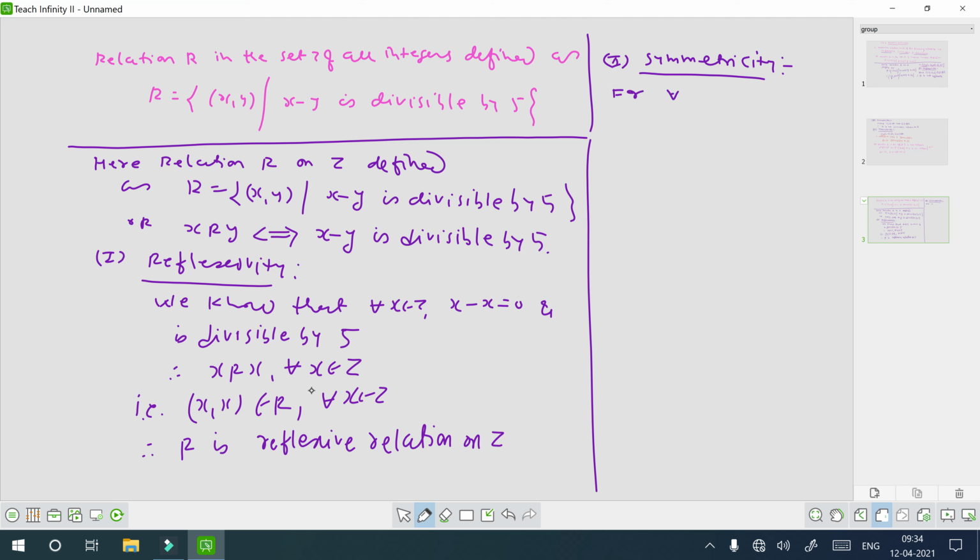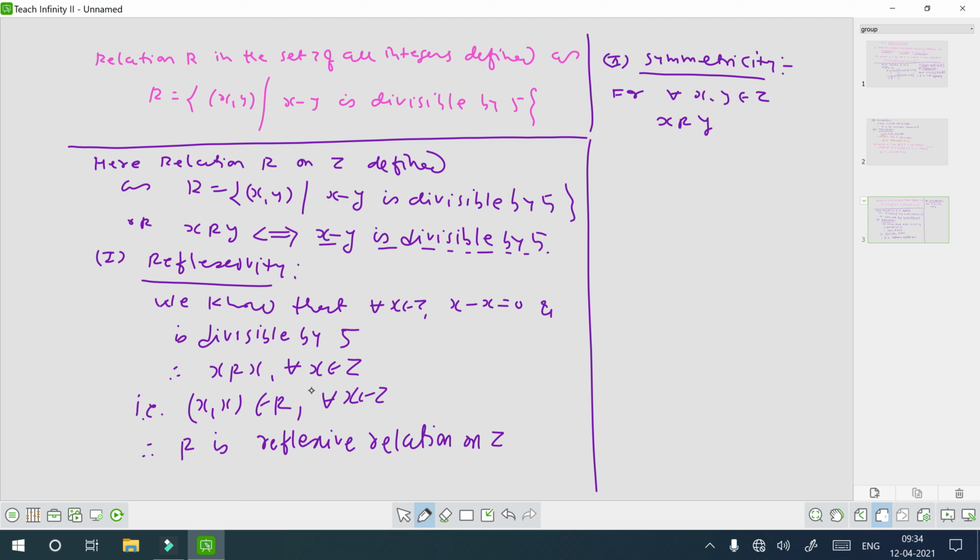For symmetricity, what do we have to take? For all x, y belongs to Z, we take x R y. Given condition x R y means x minus y is divisible by 5.